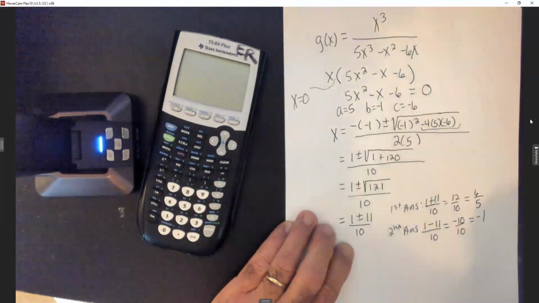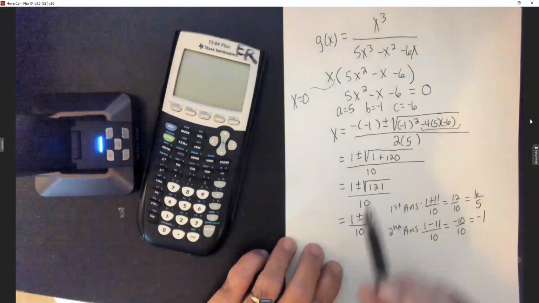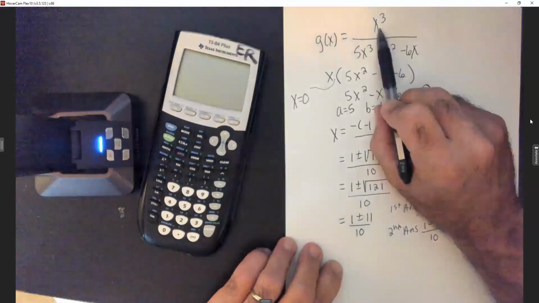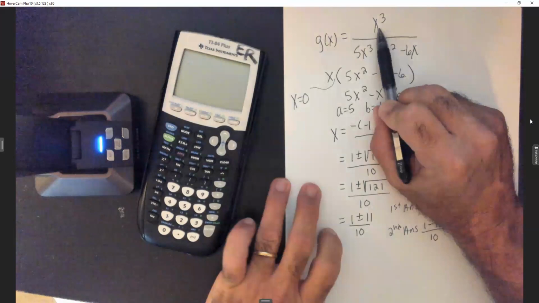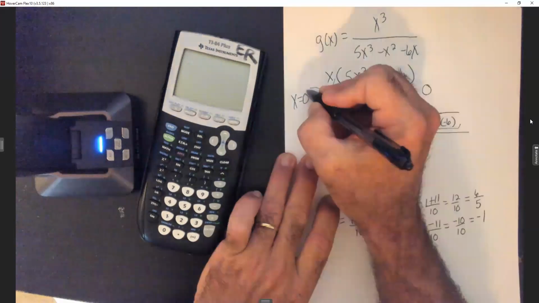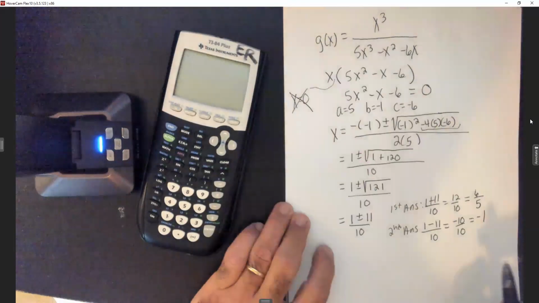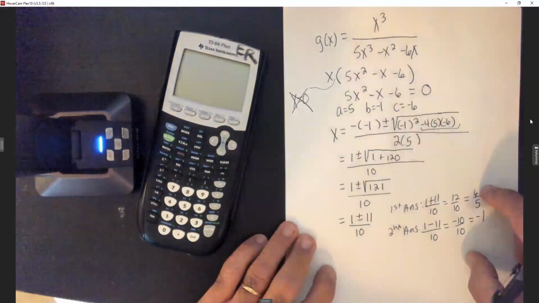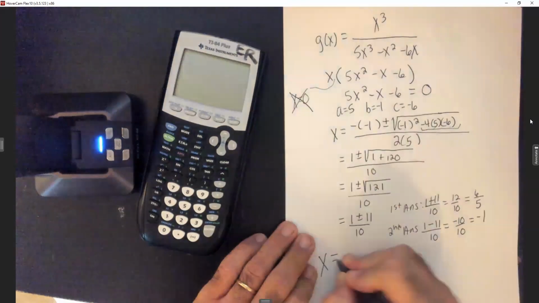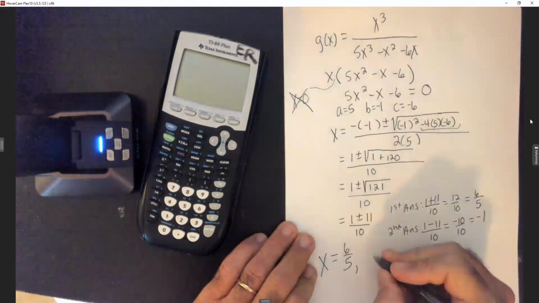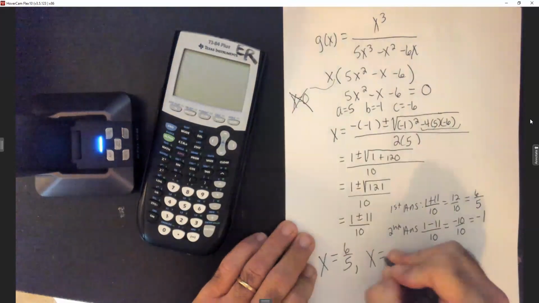Now remember, since you had single variables on the top, a single variable cancels out this asymptote. But there's no factors on top that have a -1 and a 6/5, so I keep both of those. So my vertical asymptotes would be x equals 6/5, comma, x equals -1.